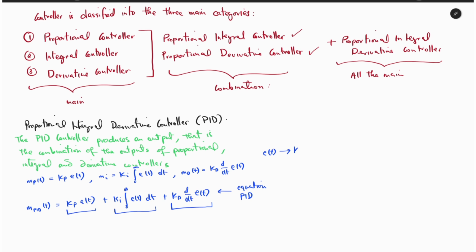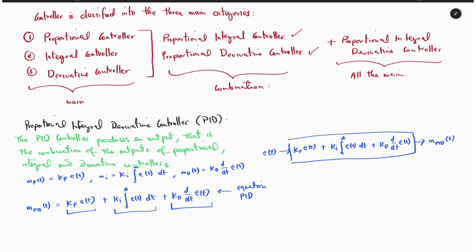And we have the KP e(t) plus KI integral of e(t) dt, plus KD d/dt e(t), and we can have our response, which is represented by the variable M_PID(t).